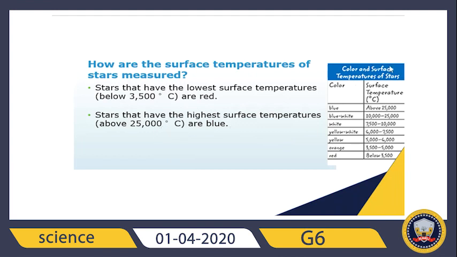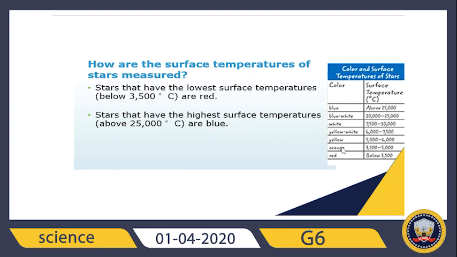And as we can see here, guys, in this table, we can see the difference in color according to the surface temperature. Blue color of stars if the temperature is above 25,000 degrees Celsius. Blue white for the stars that have surface temperature of 10,000 to 25,000 degrees Celsius. The white color for stars that have surface temperature of 7,500 to 10,000.